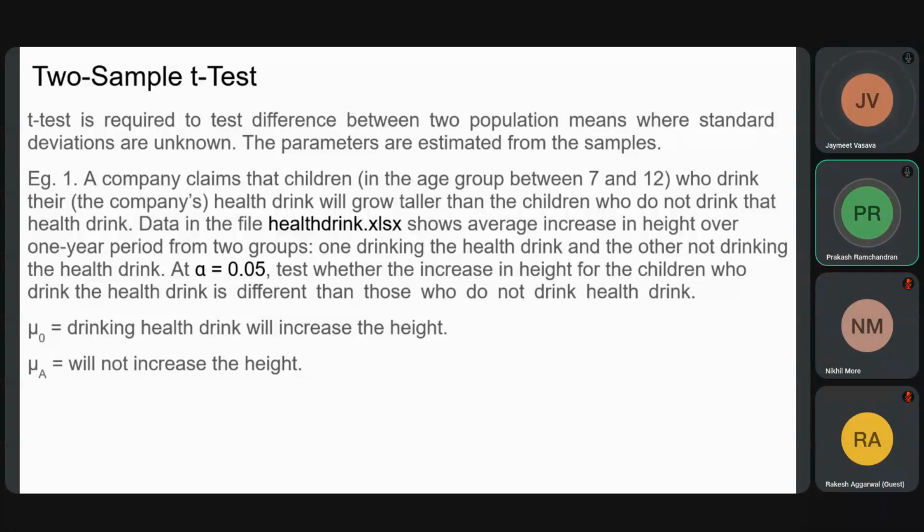So you are dealing with two groups, one with the drink and one without, and trying to project whether it is really effective or whether the hypothesis is not correct.